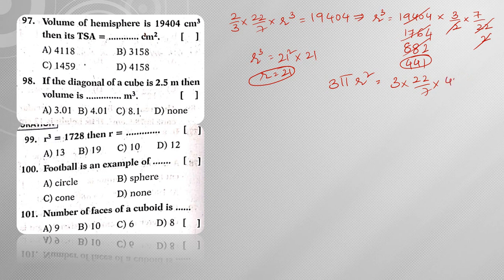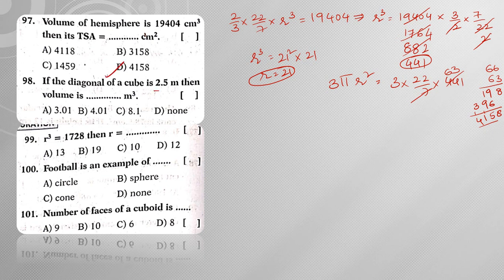So 441, 7 6s are 42, 7 3s are 21. So multiplication, so 66 into 63. So 6 3s are 18, 6 3s are 18 plus 1, 19, 6 6s are 36, 6 6s are 36, 39. So 8, 15, 11, 4. So answer is 4158 here.